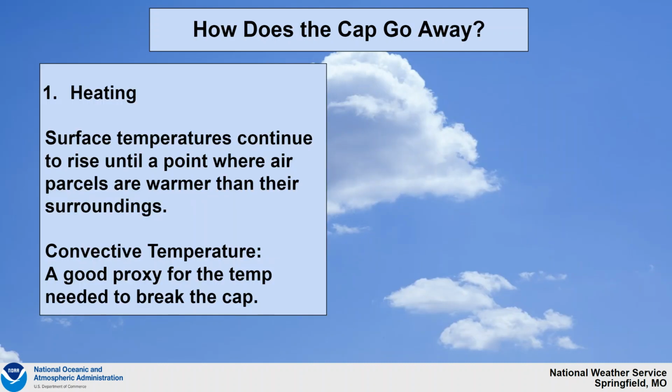How can you eliminate the cap? How does the atmosphere work to eliminate the cap? There are about 3 main primary ways that the cap can be eroded. One way is by heating. So getting additional sunshine, ways to increase the surface temperature to a point to where the air parcels are back to where they're warmer than their surroundings instead of cooler than their surroundings.